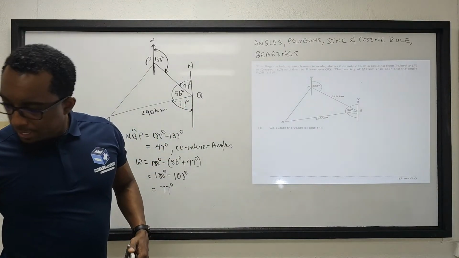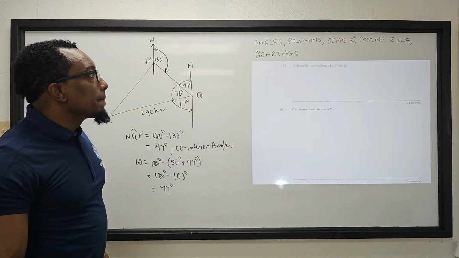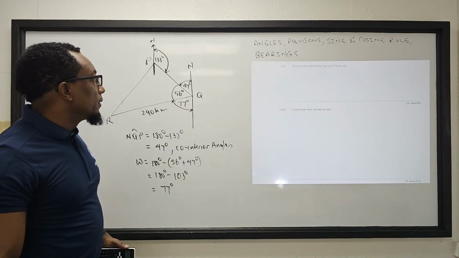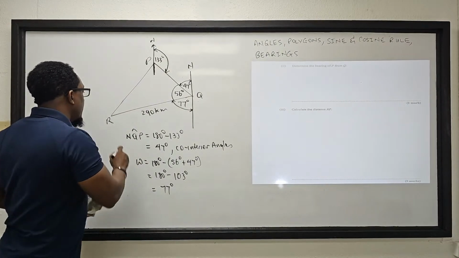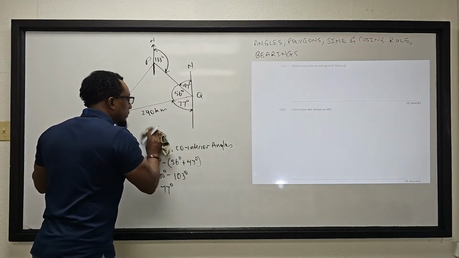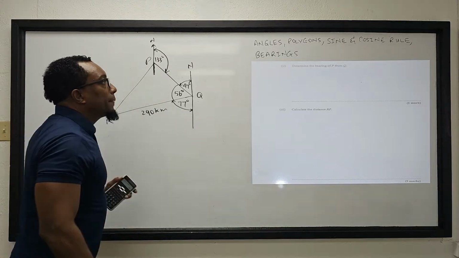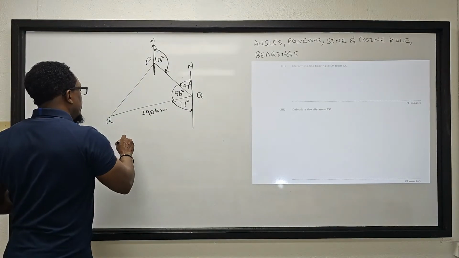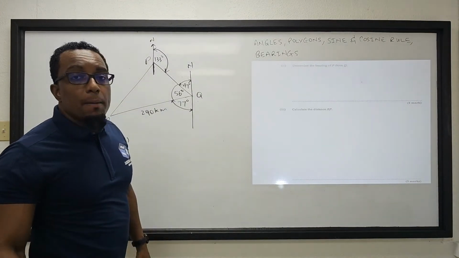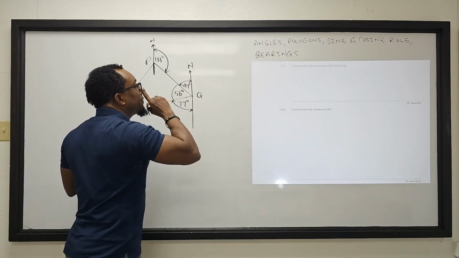And then they ask us, determine the bearing of P from Q. So remember what's a bearing? So this is part 2 here, right? Determine the bearing of P from Q. So from Q, I set up my node, which I already have.